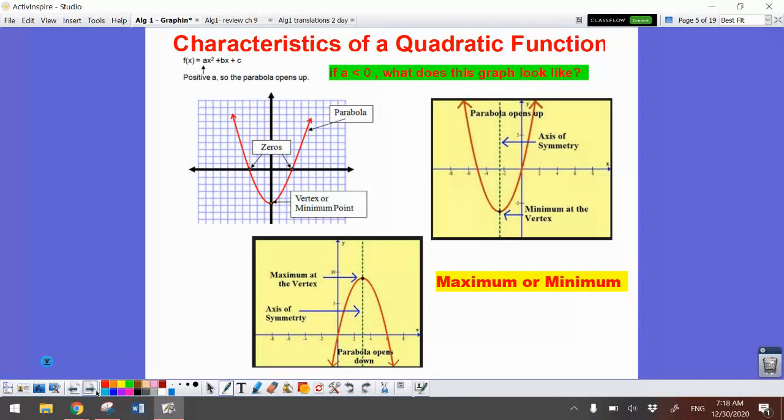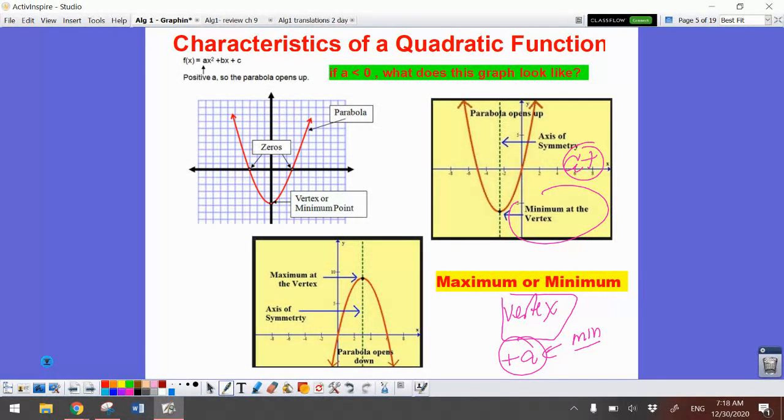All right, just to make sure that we understand our pieces, let's talk about maximums and minimums here. The vertex controls whether or not we have a maximum or minimum, and that is controlled by our A value. If A is positive, I'm going to have a minimum because it's going to look like this.